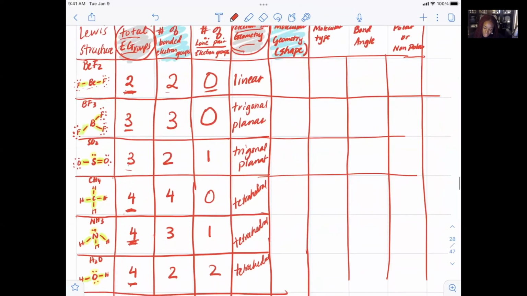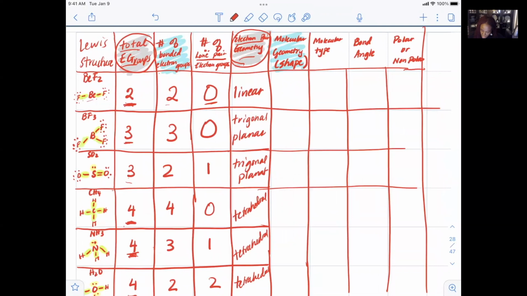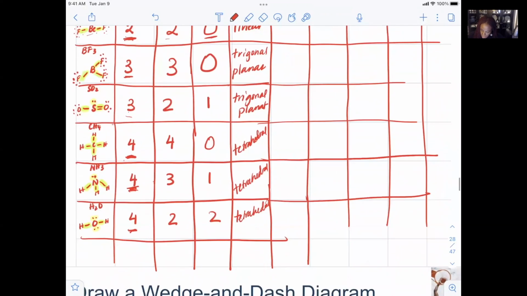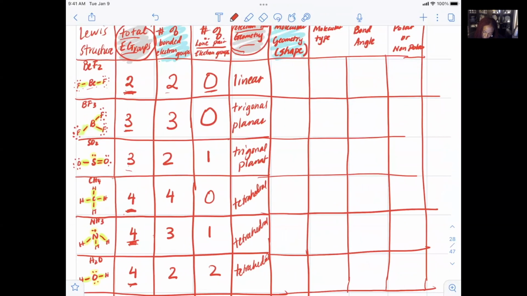Okay, when it comes to the shape, though, things are different. In this shape, what we are considering is the shape we see when we only look at the bonded groups, not the lone pairs. So in this first shape here, you have a central atom surrounded by 2 other atoms like that. That looks like a line, so that's going to be linear.